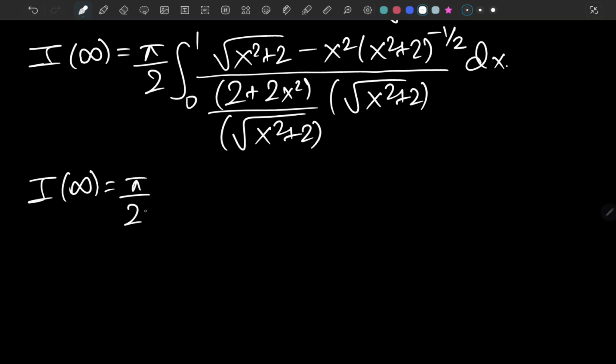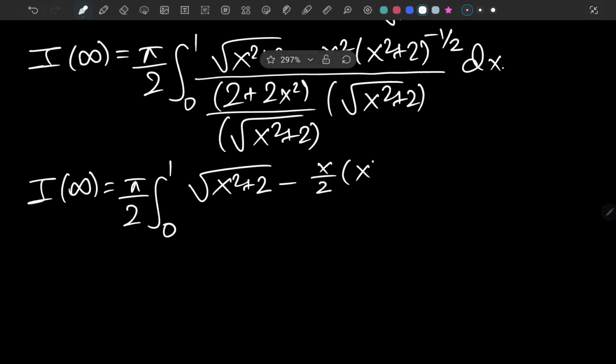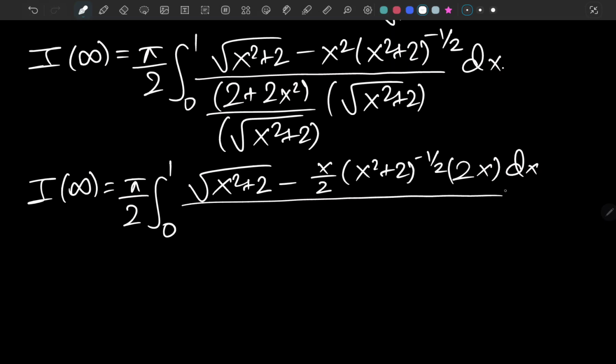I of infinity equals pi over 2 integral from 0 to 1 of square root of x squared plus 2 minus x over 2 times (x squared plus 2) to the negative half, and then 2x. I can write this like that, because eventually that's going to give us the same as we had earlier.